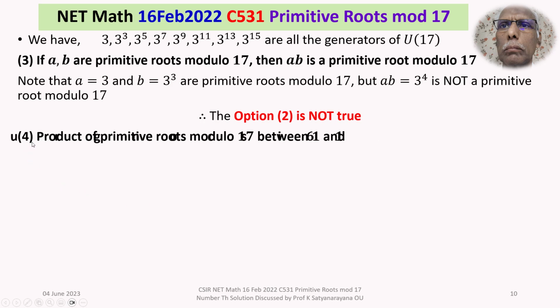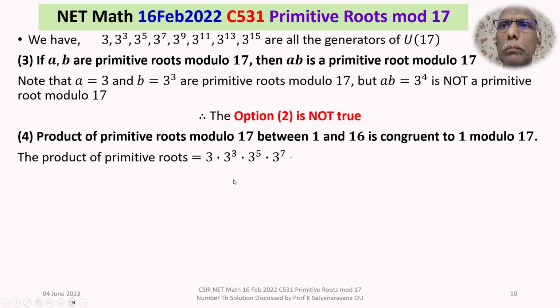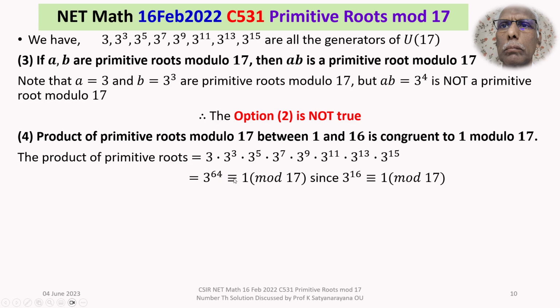The fourth option is: the product of primitive roots modulo 17 between 1 and 16 is congruent to 1 mod 17. The product of primitive roots is 3 into 3 cube into 3 to the power of 5 into 3 to the power of 7 into 3 to the power of 9 into 3 to the power of 11 into 3 to the power of 13 into 3 to the power of 15, and that will be 3 power 64. 3 power 64 is congruent to 1 mod 17. Why?